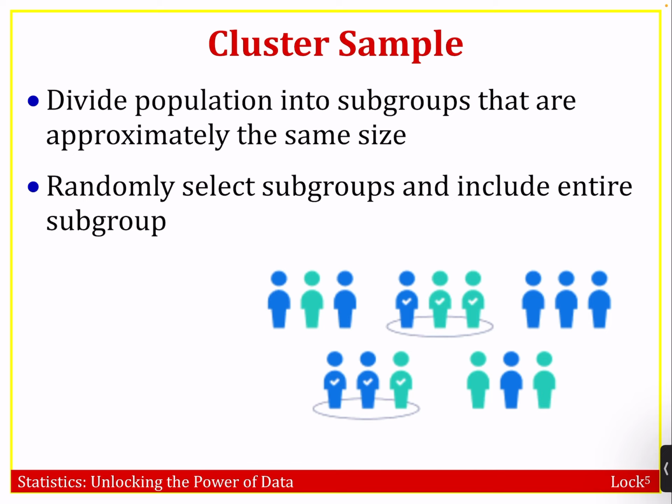Maybe we randomly select classes, and then we administer a survey to every student in those classes. That would be an example of a cluster sample. And then our data become the statistics of that cluster.